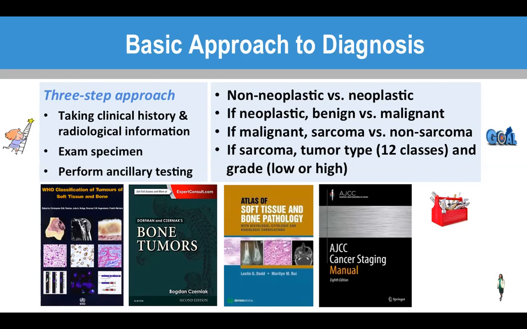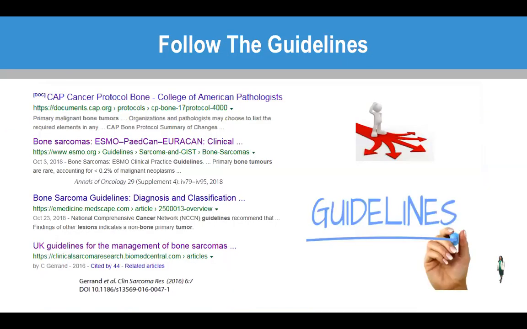After you're done with the diagnosis, of course, we'll do the tumor staging, and we'll use the AJCC Cancer Staging book. Those are the basic tools in our toolbox. But there are some more dynamic documents, which are the guidelines. In this slide, we're showing certain guidelines we follow.